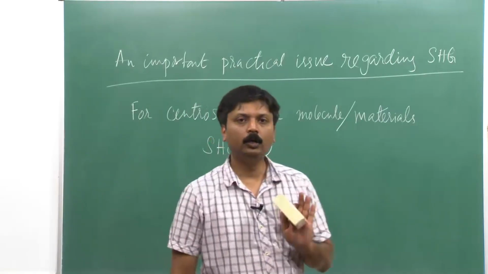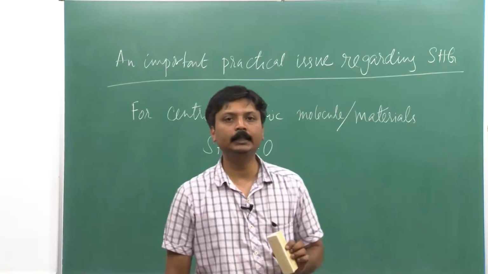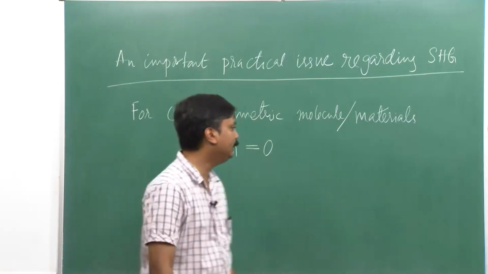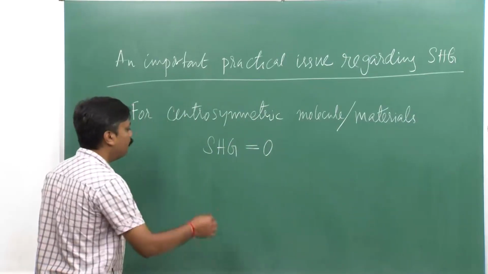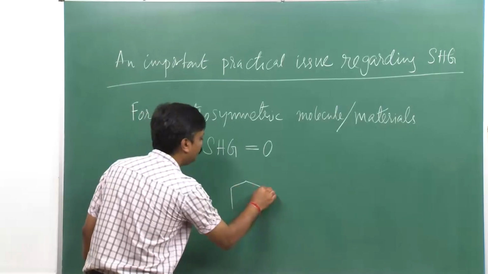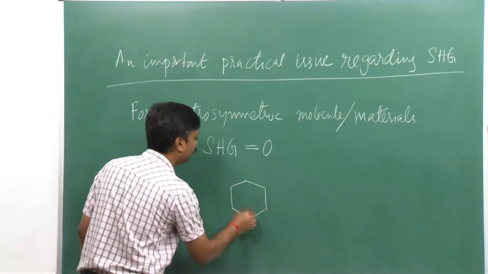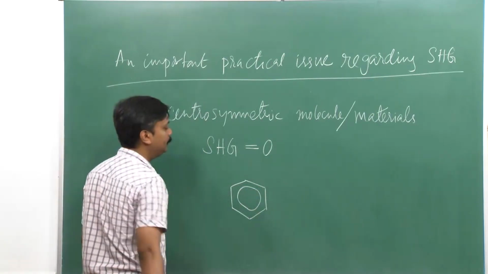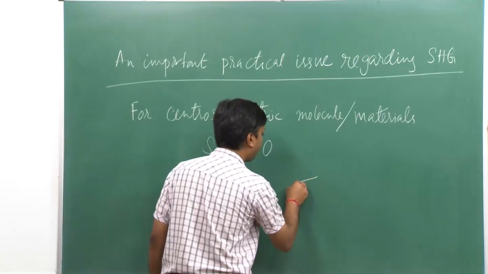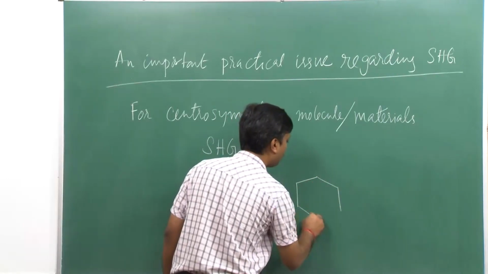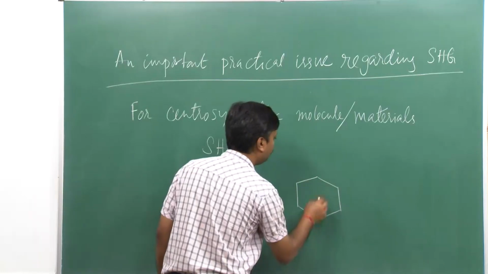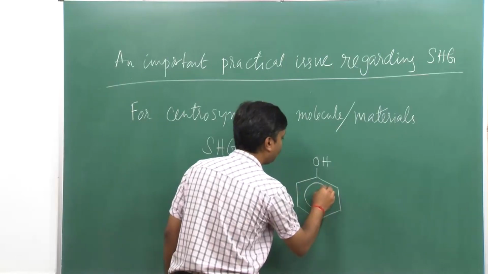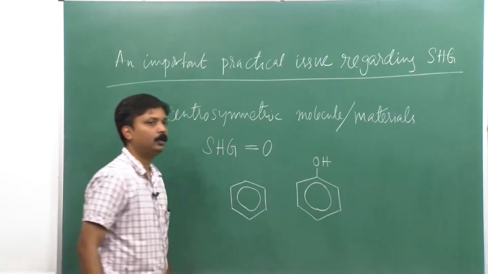So, for those who do not know what is a centrosymmetric molecule or material, let me just state that quite briefly. So, let us take a molecule. This is benzene and say this is a phenol.